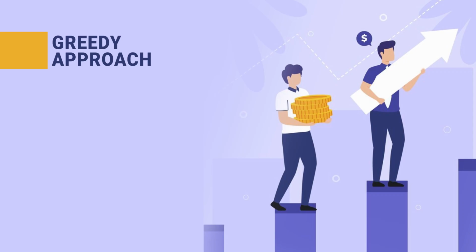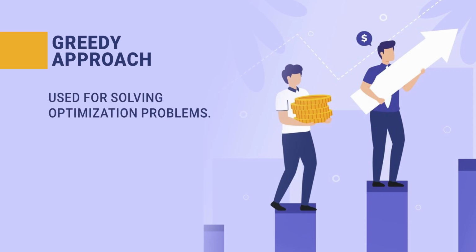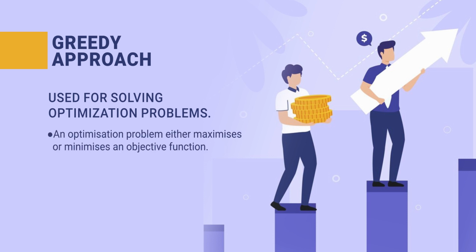Now, greedy approaches are basically used for solving optimization problems, which maximize or minimize an objective function. These objective functions are further subject to certain constraints or conditions, which limit the solutions, and the problem is either to maximize or minimize the objective function.